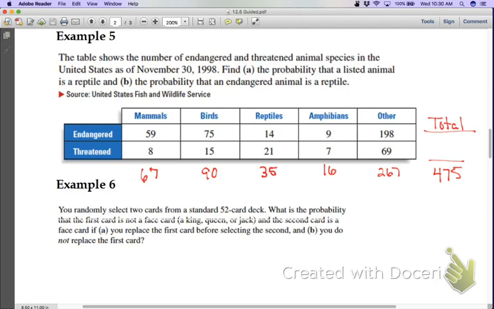So the first thing, what's the chance if I just pick any animal, what's the chance of it being a reptile? If I'm just looking for any reptile, as far as part A, all I'm really looking for is a 35 out of 475 chance that it's going to be a reptile.